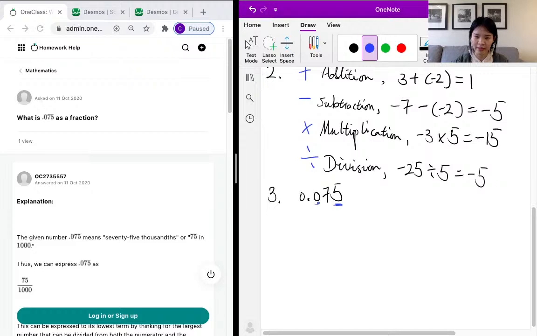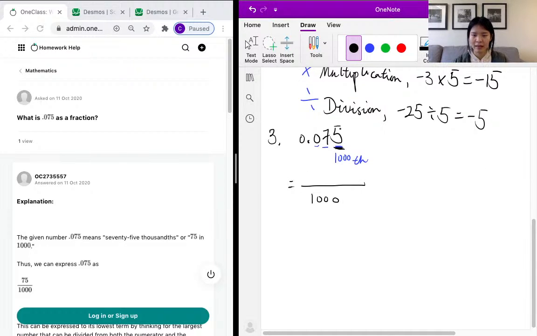The 0 is in the 10ths place, the 7 is in the 100ths place, the 5 is in the 1000ths place. We go to its rightmost nonzero digit and find what place it is, and in this case it's the 1000ths place. So we use 1000 as its denominator, and for its numerator, we just get the number to the right of the dot, which is 75.